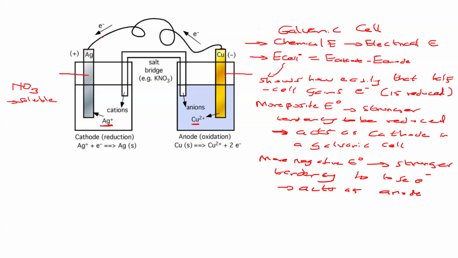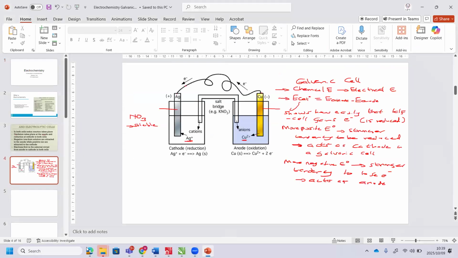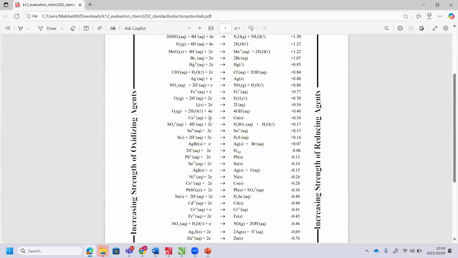So for example, let me give you copper and zinc. Let's check copper.